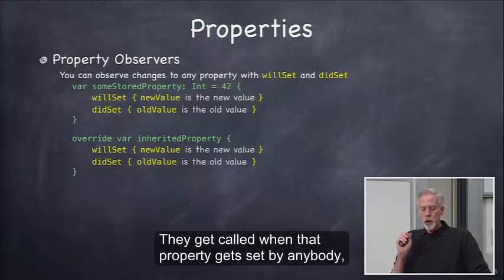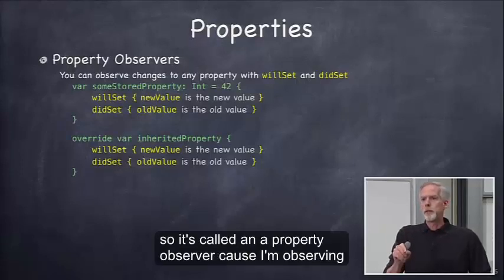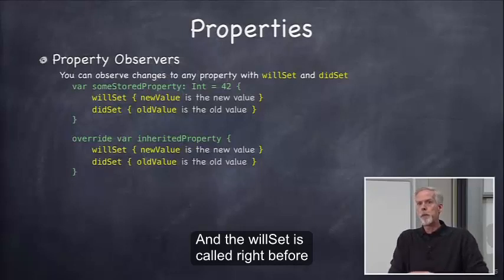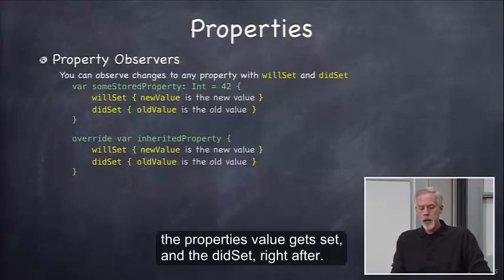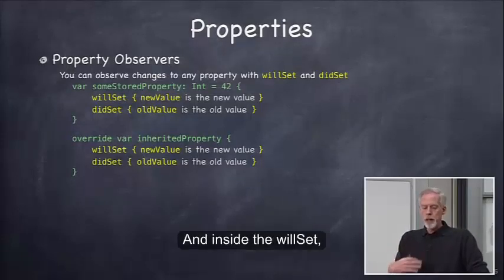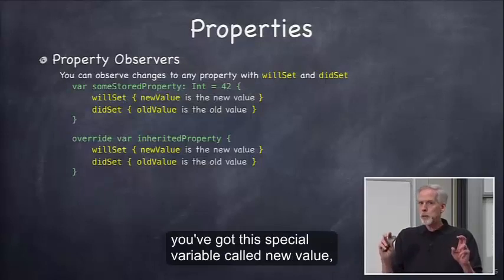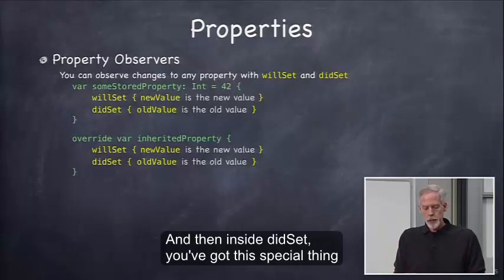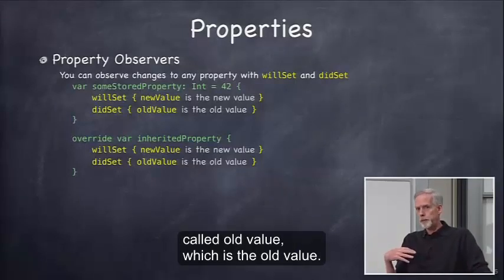They get called when that property gets set by anybody. So it's called a property observer because with this code, I'm observing that this thing is being set. The willSet is called right before the property's value gets set, and the didSet right after. Inside willSet, you've got this special variable called newValue, which is the new value that's going to be set. And inside didSet, you've got this special thing called oldValue, which is the old value.